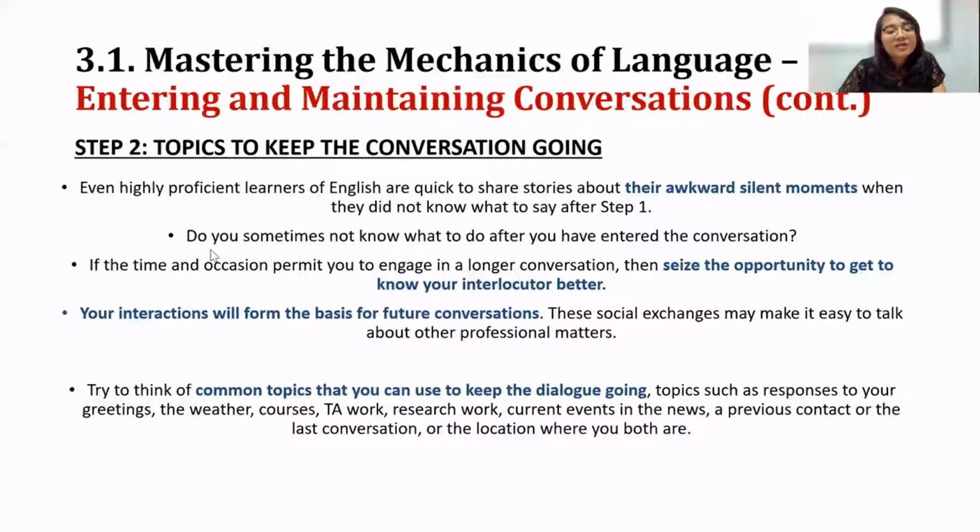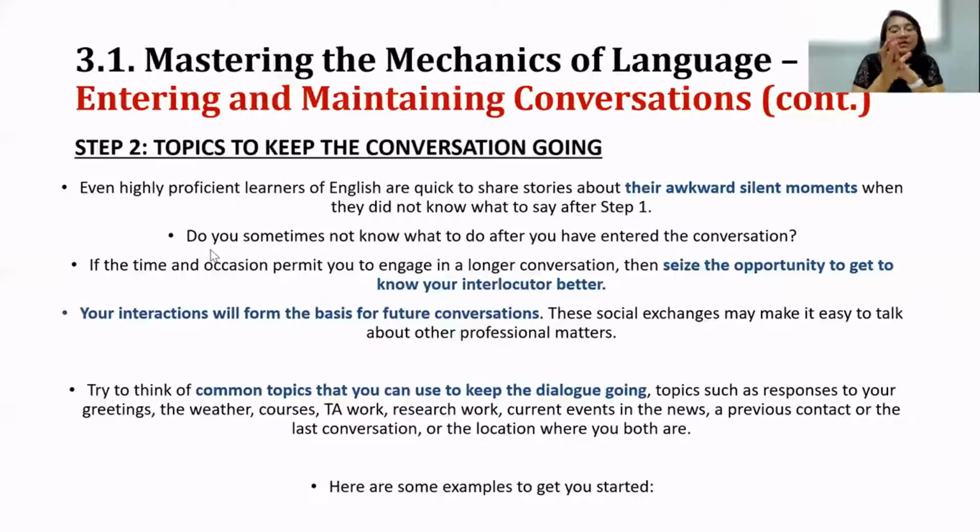Try to think of common topics that you can use to keep the dialogue going. Topics such as responses to your greetings, the weather, courses, TA work or teaching assistant work, research work, current events in the news, a previous contact or the last conversation, or the location where you both are. So those topics are the examples that we can use for maintaining a conversation or keeping the conversation going.